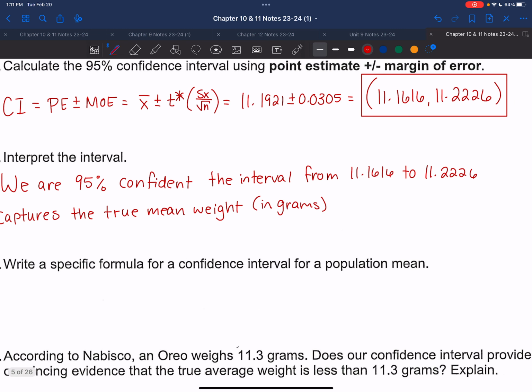Make sure that you specify a unit, okay? In this case, we're talking about grams, so I want to put that somewhere in it. True mean weight in grams of all Oreos.